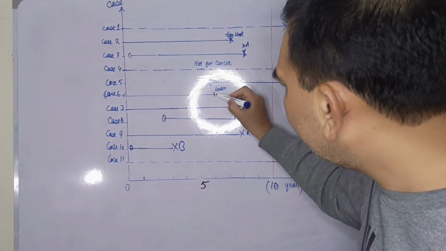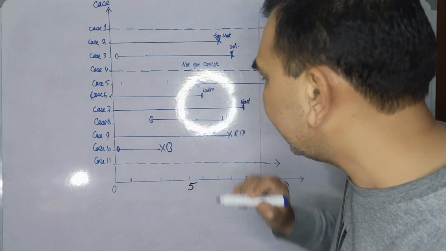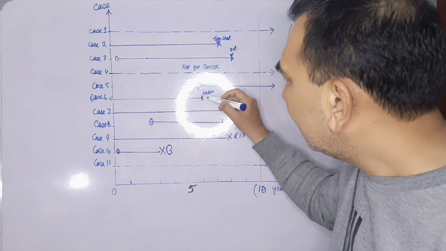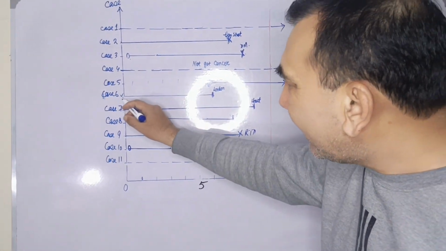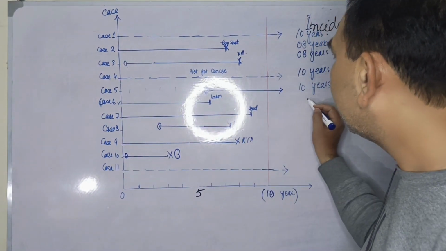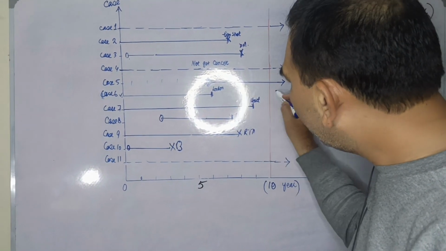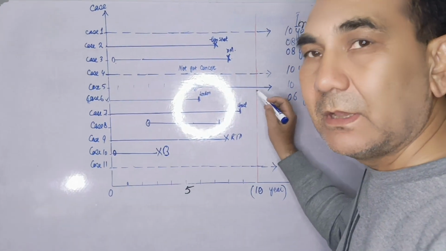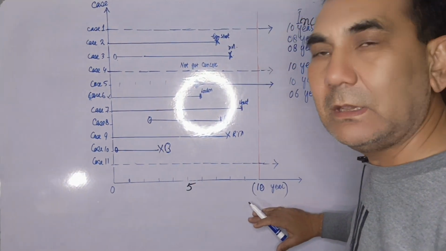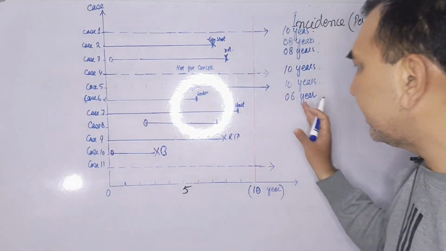When he reached the 6th year, he migrated to another country, London. He migrated to London, but he remained at high risk of cancer. So the person-years of this case is 6 years. The remaining 4 years, in which he migrated to another country, are not counted in the duration of the incidence rate. Okay, these 4 years have been excluded from his person-years.